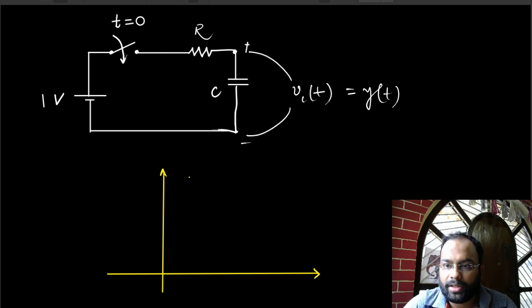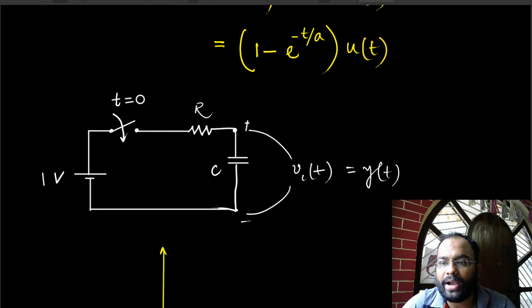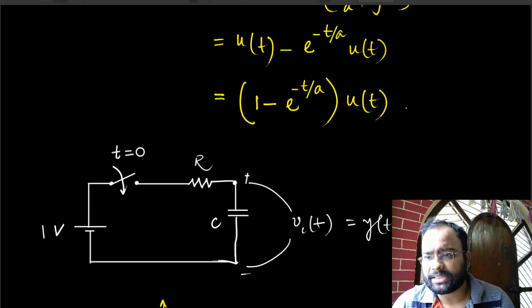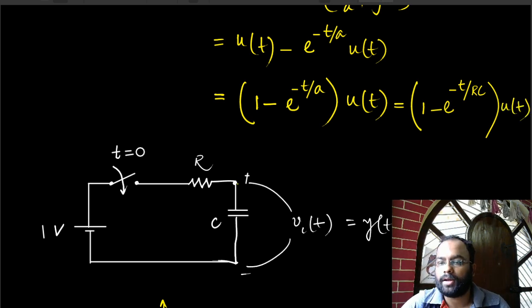So I'm plotting this. When t is equal to 0, the output is 0, right? Let us put the value of this. So this is 1 minus e to the power minus t by RC. RC is the time constant, which we represented as a.